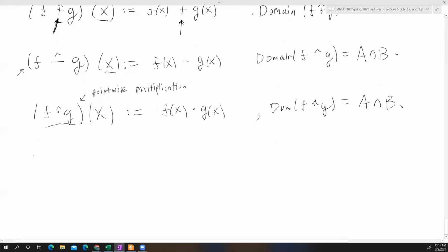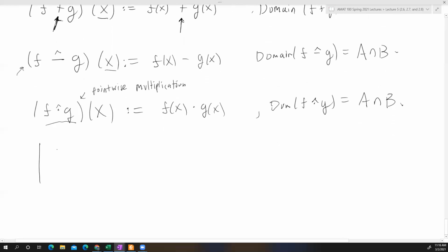The last operation we want to define, and again this is sort of redundant also, is division. I'm not going to put a hat on this, but I'll verbally emphasize that this division line right here is not division of numbers, but division of functions. So far this is a meaningless, uninterpreted symbol, and now I'm going to give it meaning.